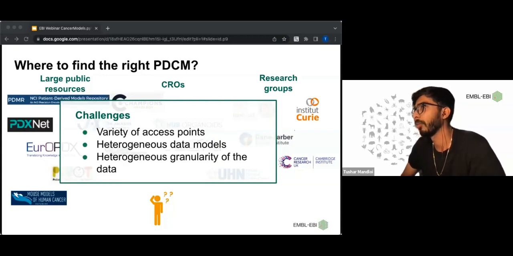With the existence of these multiple resources and databases, each resource specializes in different cancer types. They adopt their own data formats, analysis pipelines, and quality control measures. And each resource has its own infrastructure and curation process. Due to the lack of a standard, this leads to heterogeneity in data models and difficulty in data integration.